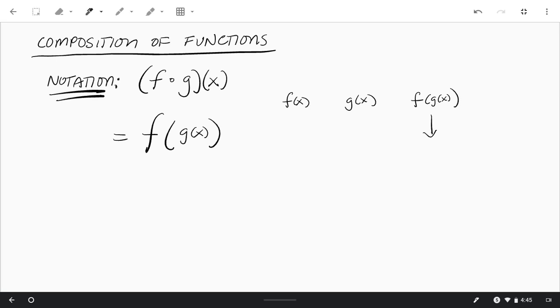We have the domain of G, so we'll be able to know what that is. And the domain of this final function is what we want to know.